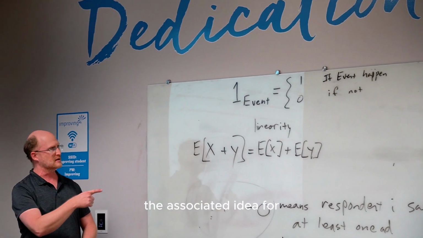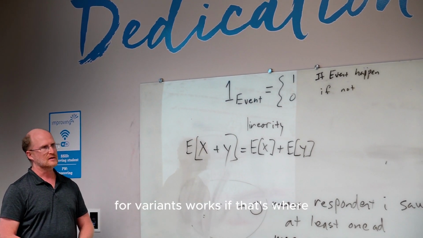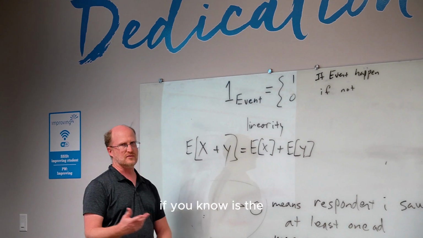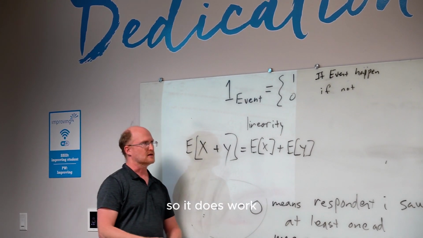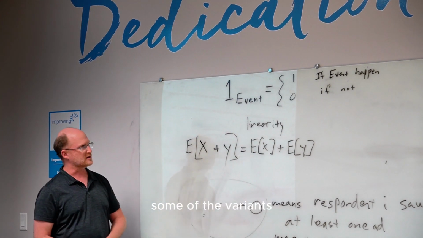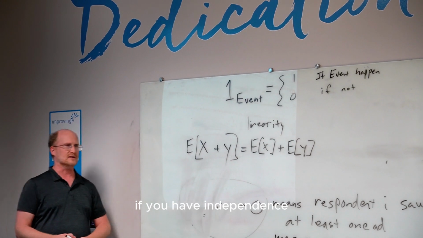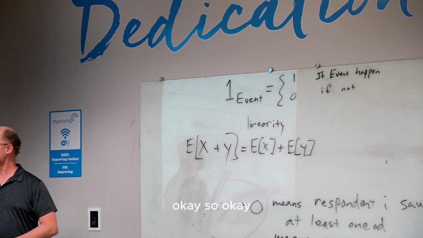The associated idea for variance works if X and Y are independent. Variance, if you know, is the square of the standard deviation. So if you want to take the variance of a sum, it would be the sum of the variances if you have independence. I'm about to talk about independence.